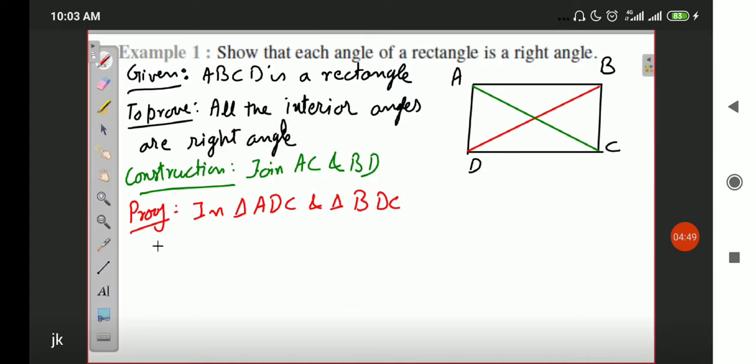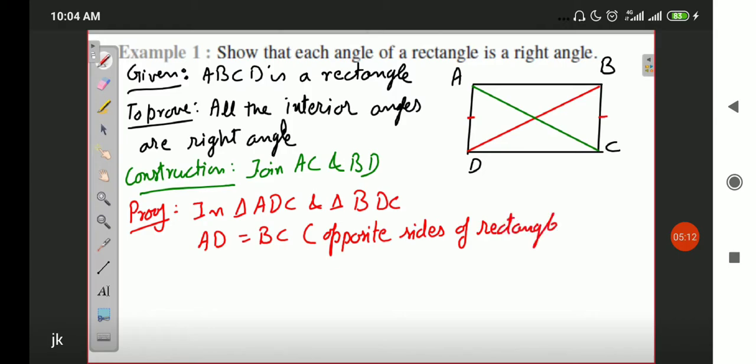For these two triangles, first of all, lengths AD and BC are equal. Why? Opposite sides of a rectangle are equal. That is why AD length and BC length will be equal. Secondly, DC length is common.